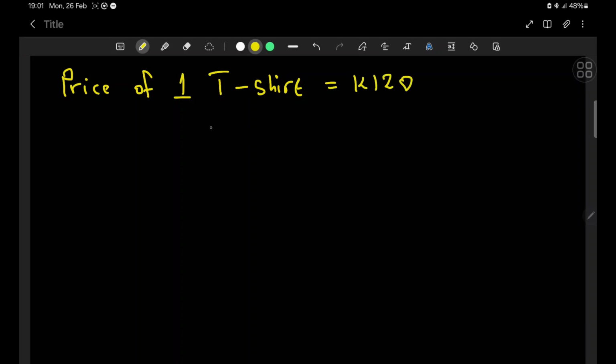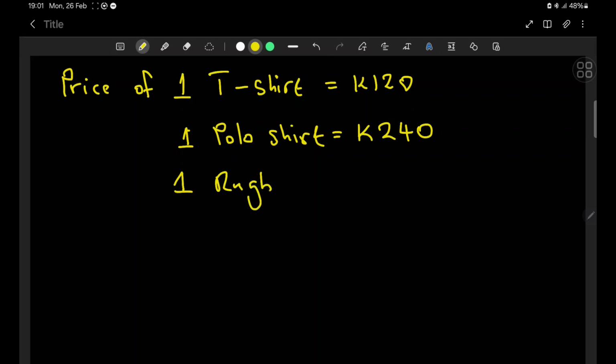Then one polo shirt, that's 240 kwacha. Then one rugby shirt, and that is equal to 360 kwacha.